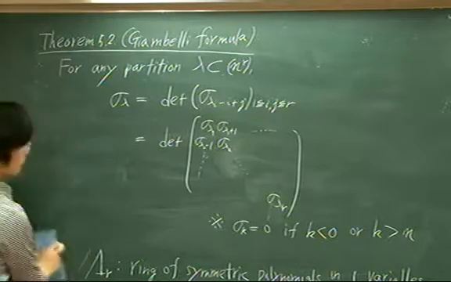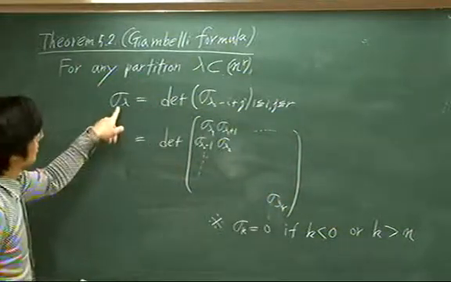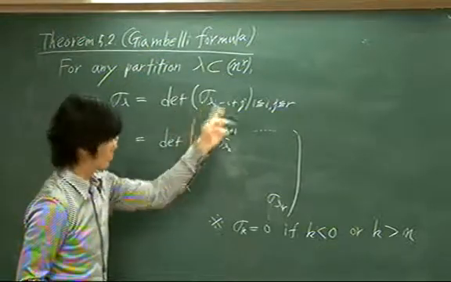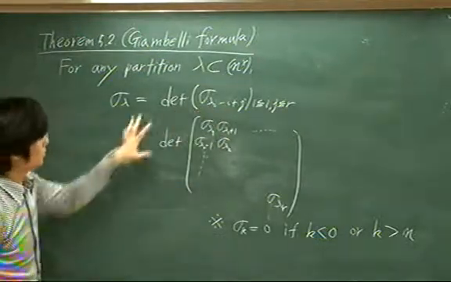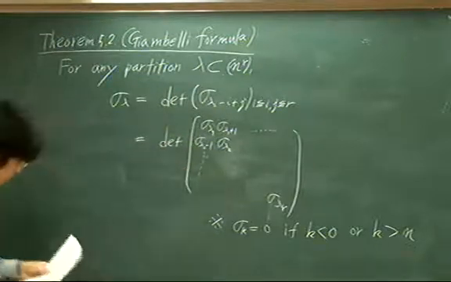This is the Giambelli formula. So each Schubert class is expressed as a polynomial in the special Schubert classes. The expressed polynomial is given by this determinant.